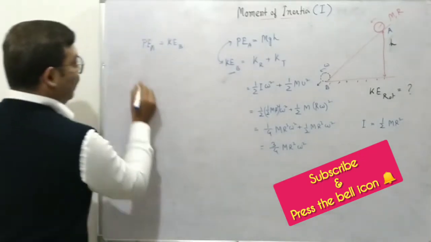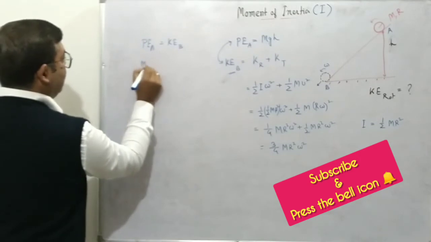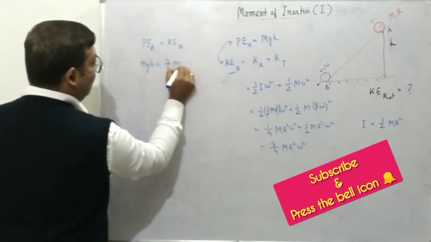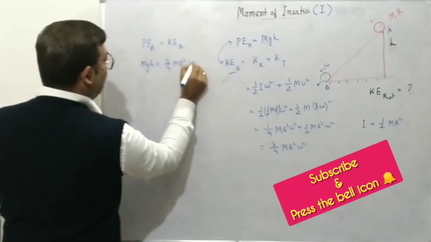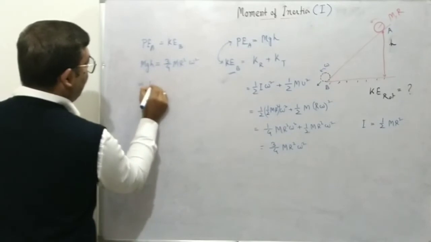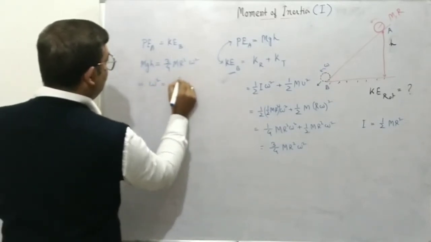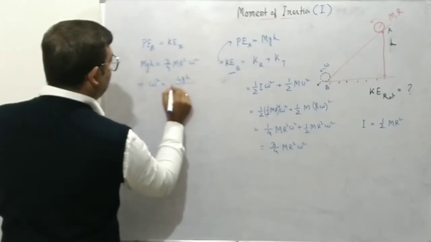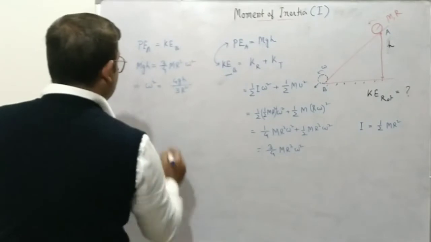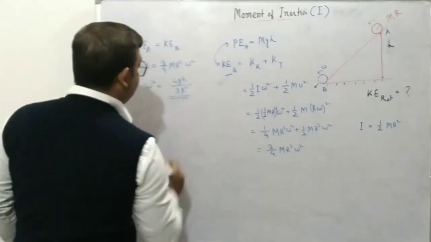So we must have mgh equal to 3/4 m r squared omega squared. M's will cancel, right? So what do we have? Omega squared must be equal to 4gh by 3 r squared. So we have found an expression for omega squared here.